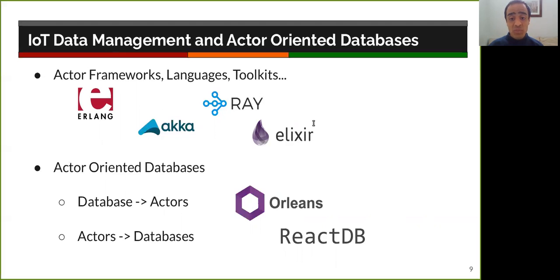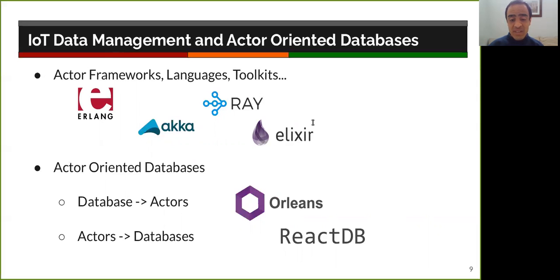Actor-oriented databases were proposed in order to also benefit from actor advantages. There are two complementary approaches for building actor-oriented databases. The first one is to apply database functionalities into an actor framework. This is the approach taken by Microsoft Orleans, for example. The other approach is to insert actor primitives and ideas inside a database model.